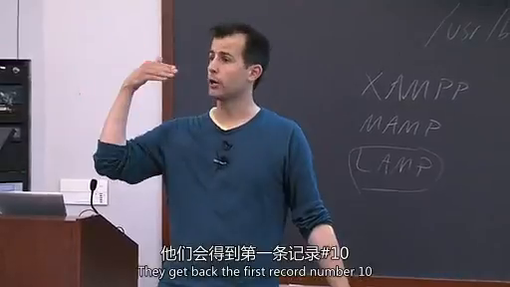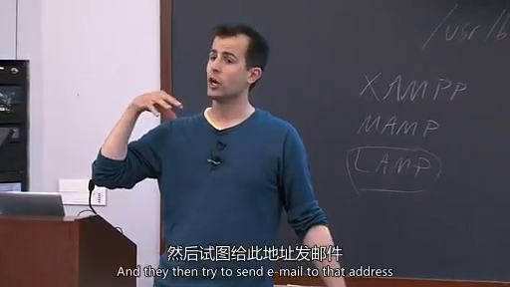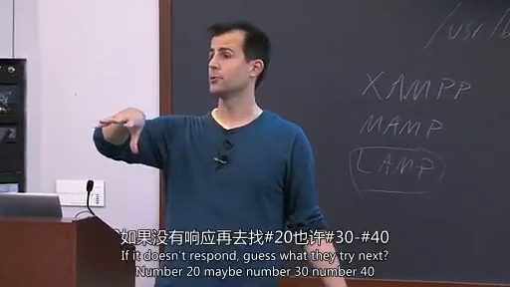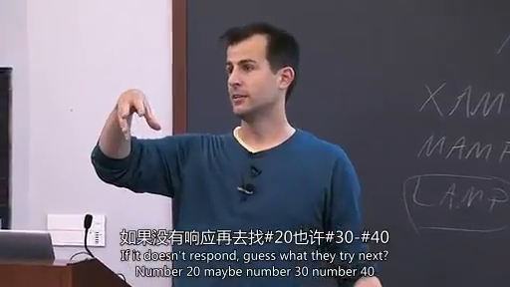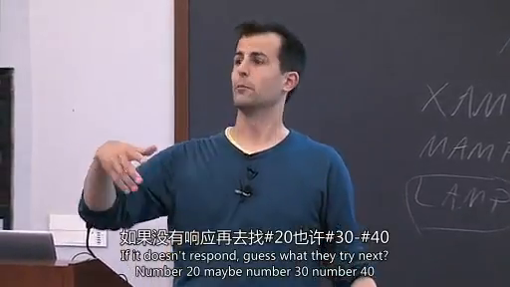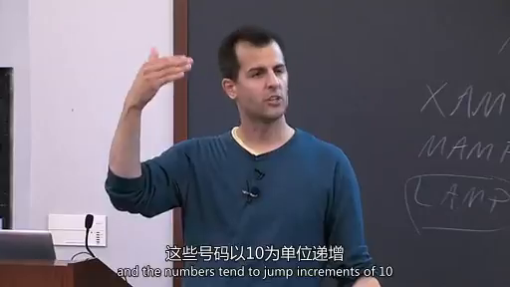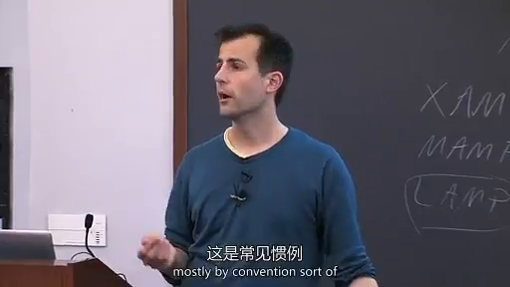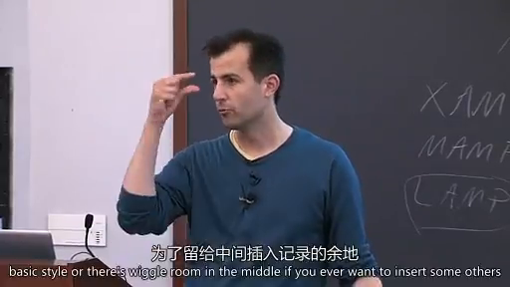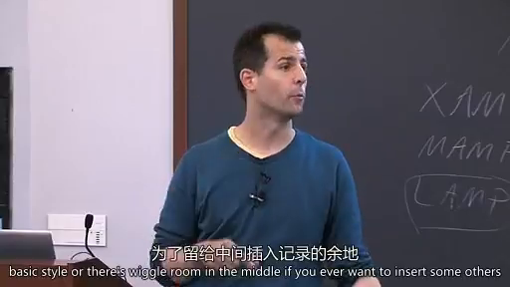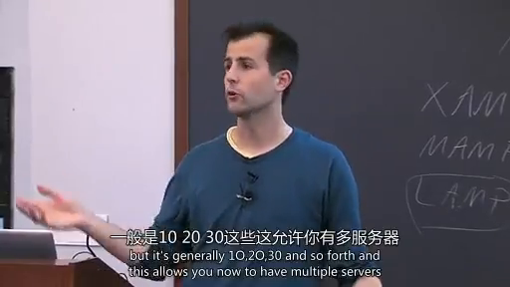They get back the first record, number 10, and they then try to send the email to that address. If it doesn't respond, guess what they try next? Number 20, maybe number 30, number 40, and the numbers tend to jump in increments of 10, mostly by convention, sort of basic style where there's wiggle room in the middle if you ever want to insert some others, but it's generally 10, 20, 30, and so forth.